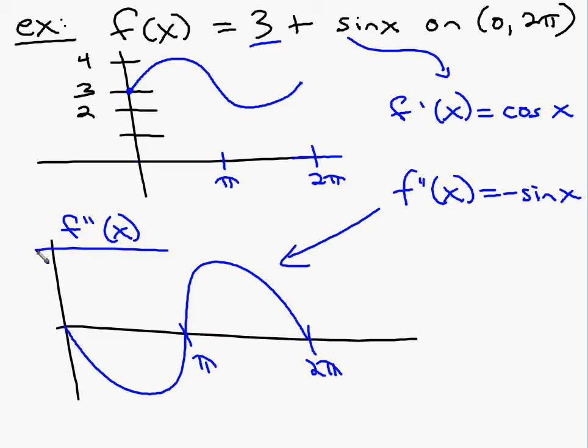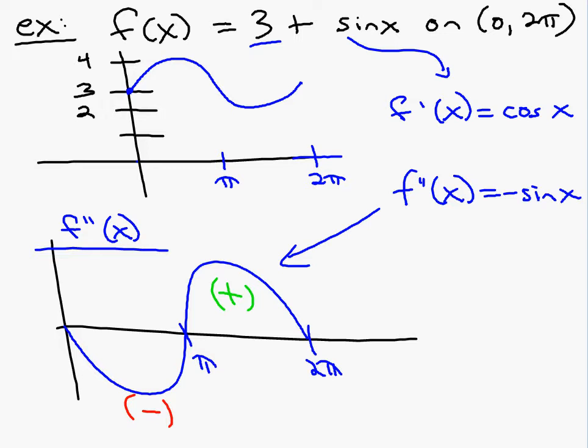All right? So now we have to ask the question, where is the second derivative positive and negative? Well, isn't it negative here, and then it's positive here, right? So we just need some intervals now.